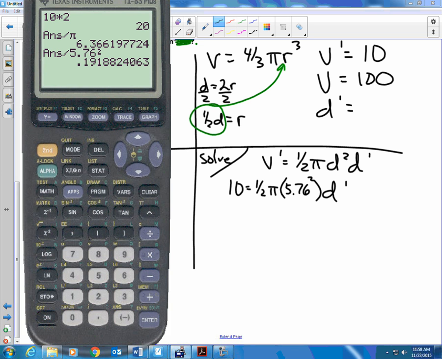I divided by 5.76 squared. Yeah, 0.19 is equal to, and on the AP exam, they're going to go to the nearest thousandth, so let's do that. 0.192 is equal to d prime. So 0.192 what?